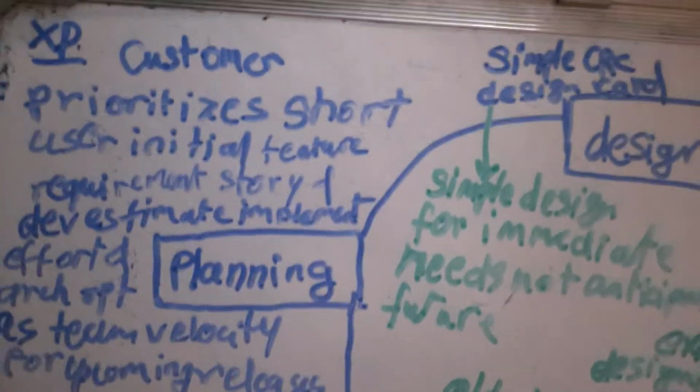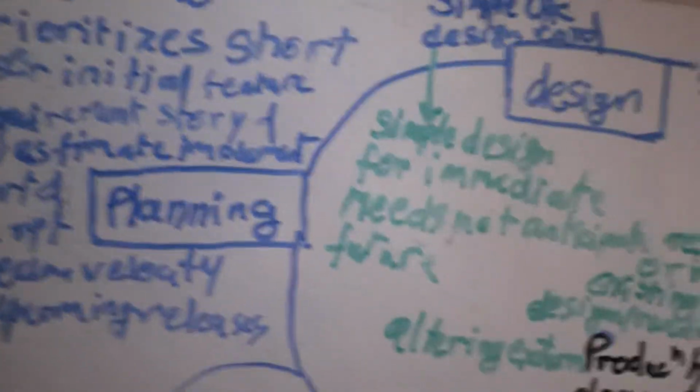So, in planning, what does it do? By the way, there is another slight definition of this too. In planning, I don't exactly remember, but whatever I remember, I should write it. Right? Let me find a marker.